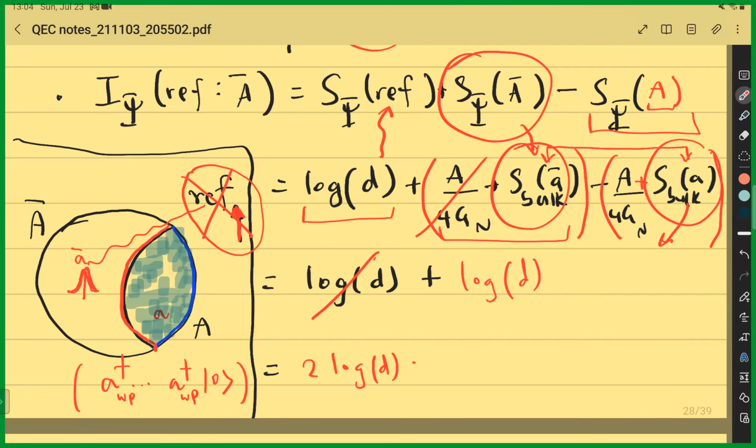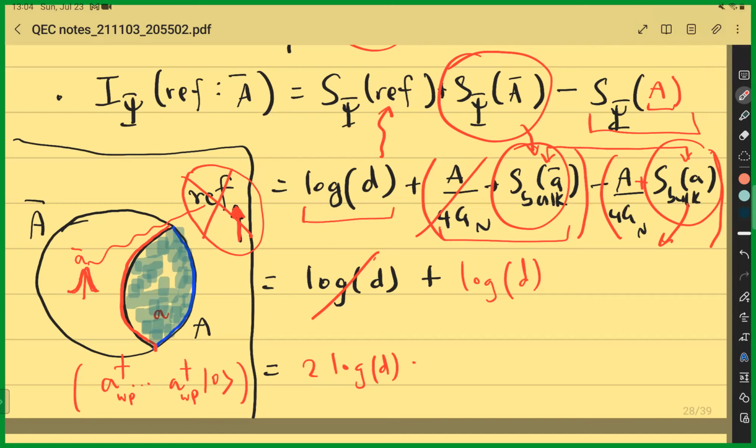Onkar? Yes. Sorry, can I ask one other question? The cancellation of log D with log D seems like a very delicate thing, where you had to make this extra assumption that you're only allowing up to D excitations, and it wouldn't work otherwise if you were allowing more than D or less than D. Why is that? Because the reference I'm going to consider is always going to be isomorphic to the code subspace. So the reference qubit and the bulk qubit always have the same dimension.